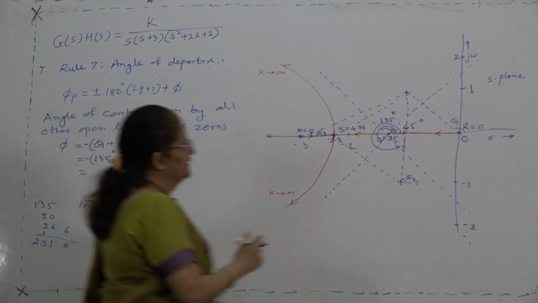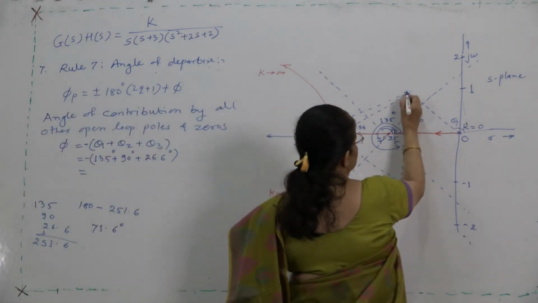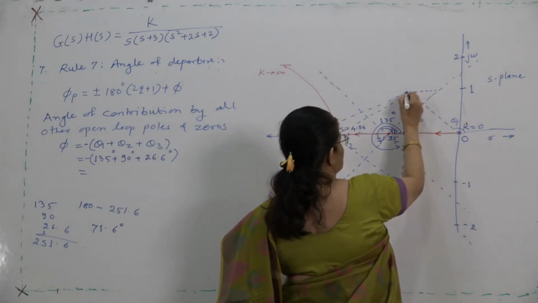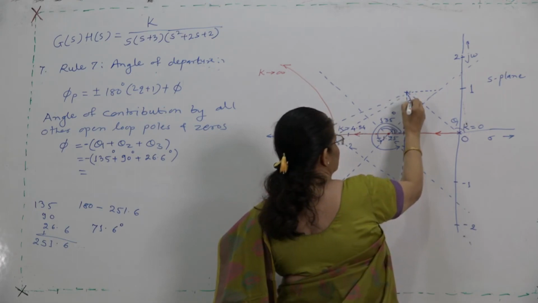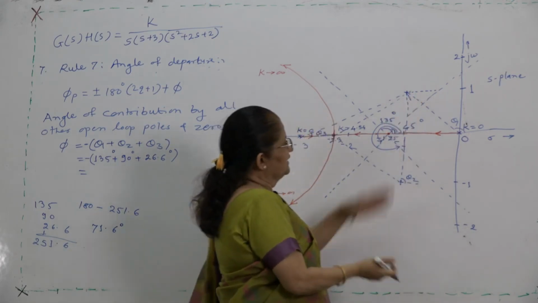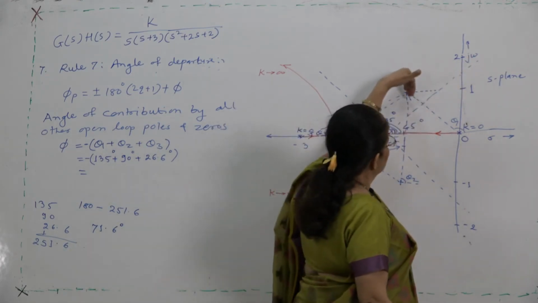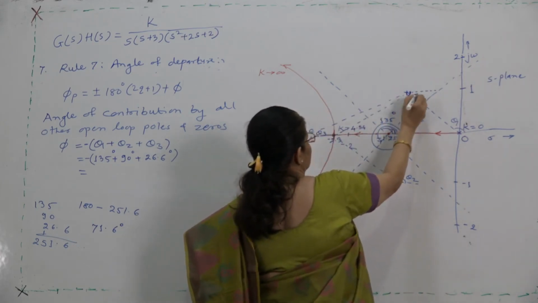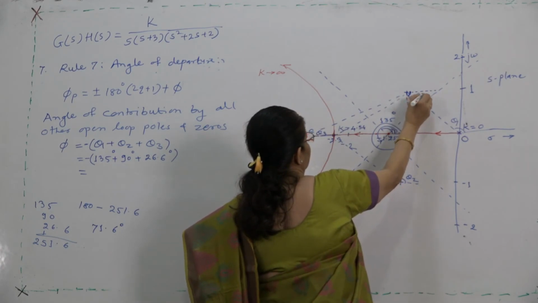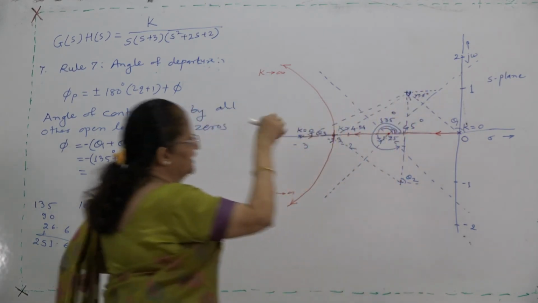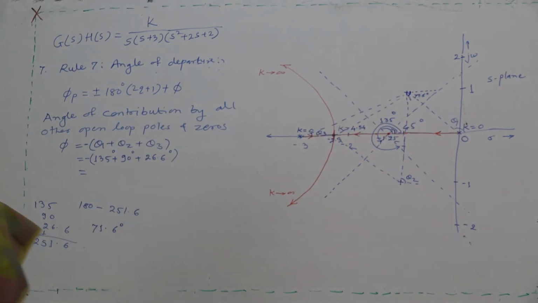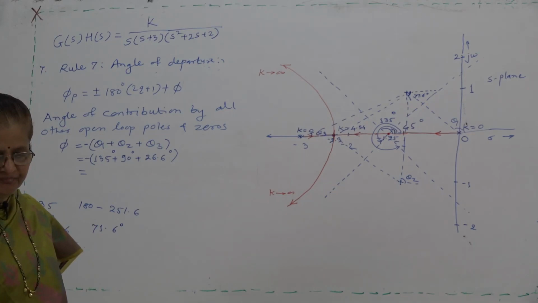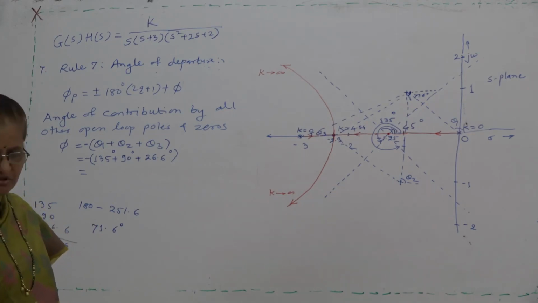Okay. So, what do we have to consider here now? Now, a point will move from here with the angle of departure as 71.6, and the angle of departure which we are considering is plus minus 180 degrees into 2q plus 1. So, see what you will get here.